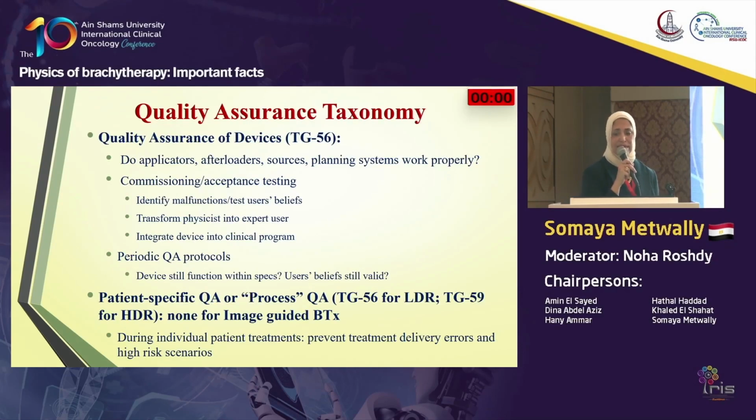Quality assurance taxonomy. Of course, we have to classify or divide the quality assurance because we have a lot of stuff to do. We have applicators, we have afterloaders, which are the machines, we have the source, we have the planning system, and all of this is connected to each other.